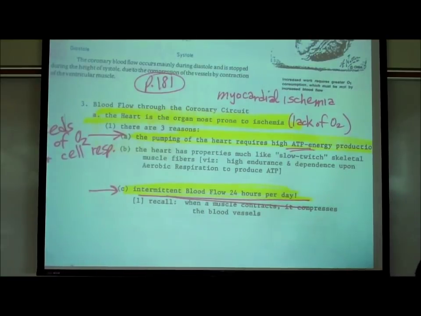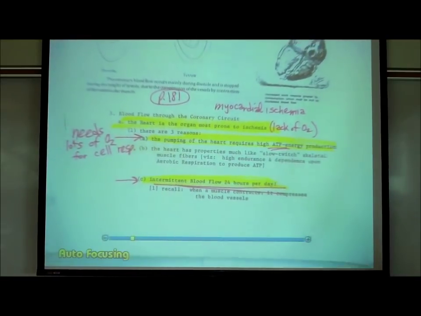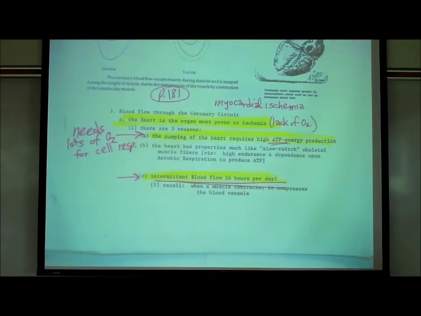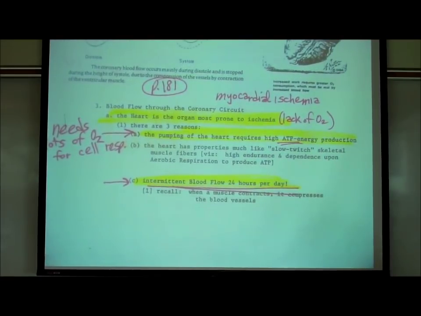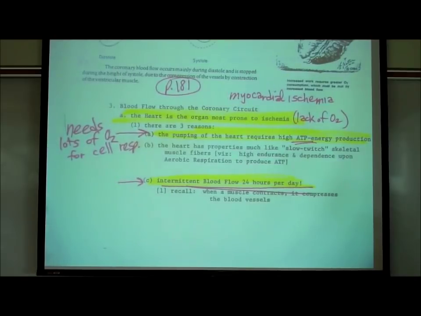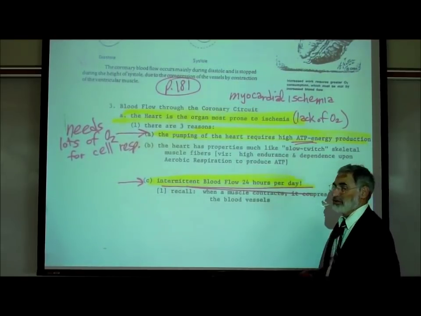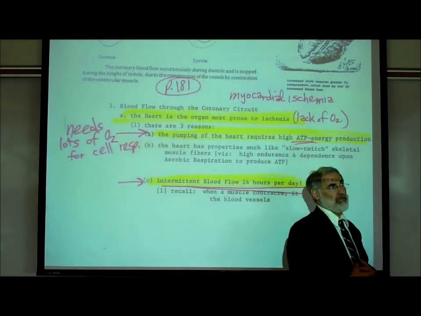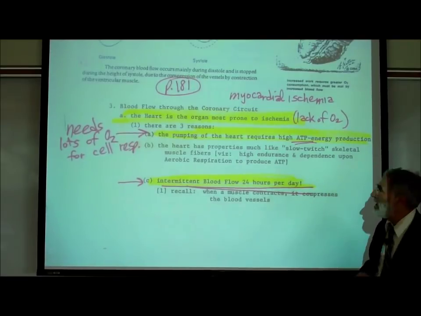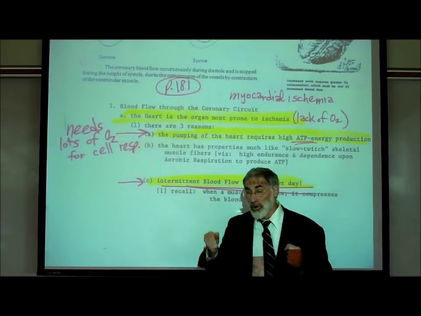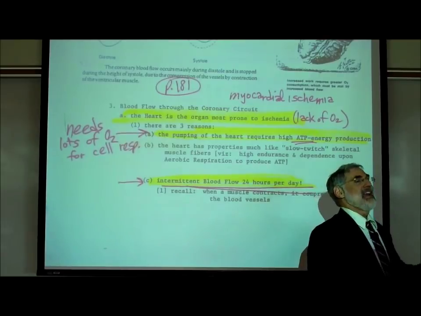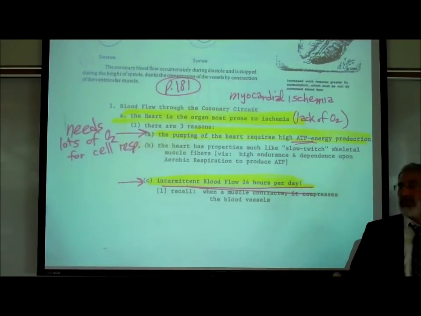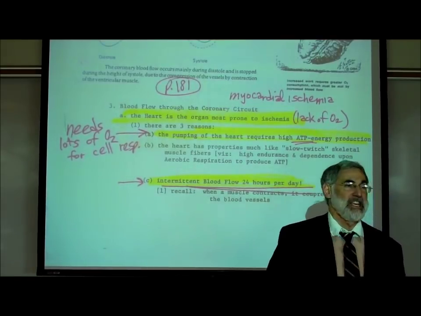I indicated there are 3 reasons for this. I'm only going to explain 2 of the 3 reasons. One of the reasons why the heart, of all the tissues of the body, is most likely to suffer ischemia, not enough oxygen, is that it works really hard. It needs a lot of oxygen to produce lots of ATP.